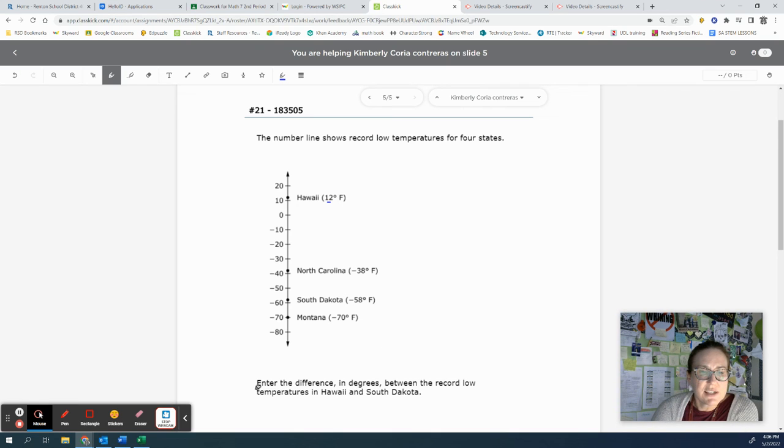Okay, the question is enter the difference. Remember, the word difference means subtract, in degrees between the record low temperatures in Hawaii and South Dakota. So Hawaii is at 12. South Dakota is at negative 58.